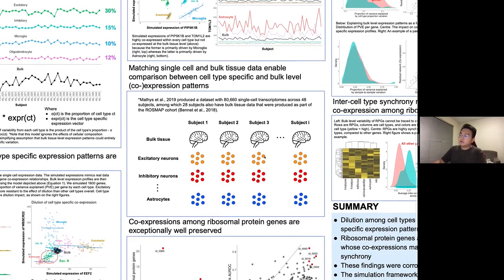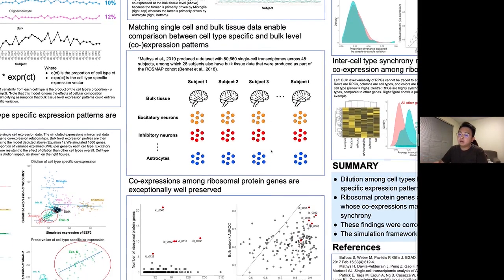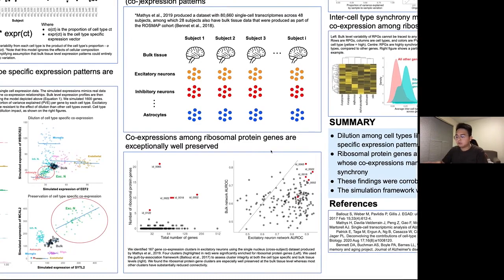To explore further, we expanded this analysis to looking at a real data set. This is a data set that was produced by Matthews et al. in 2019. It has both single cell and bulk tissue data generated from the same subjects, which makes an interesting case that we can do a similar analysis on as we did for the simulation.